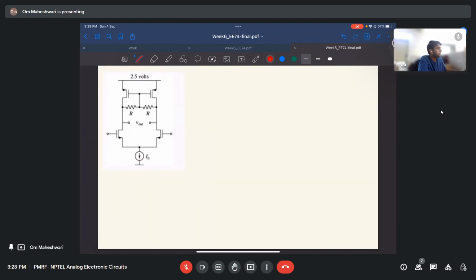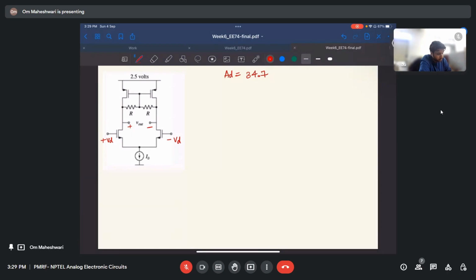First, they have given AD, which is 34.7. AD is the differential gain, right? If I apply, let's say, plus VD here and minus VD here, the difference between the voltages at these two terminals is the output.